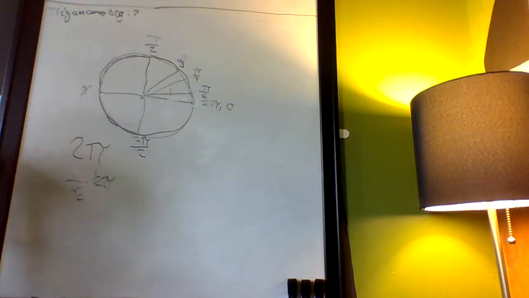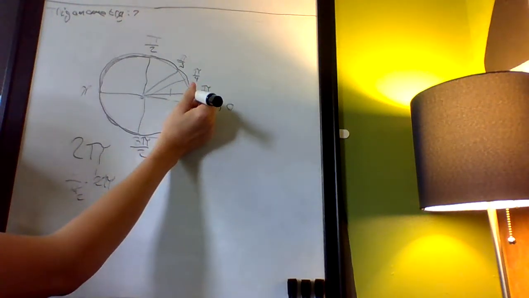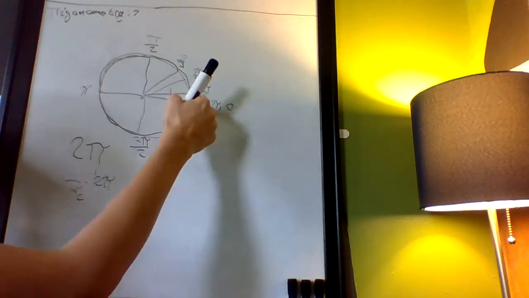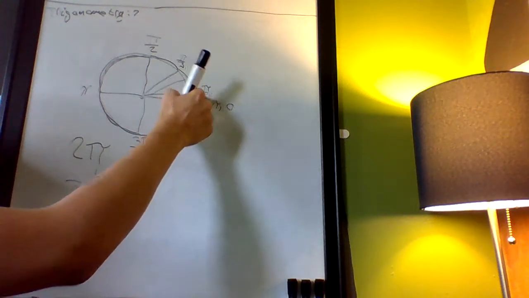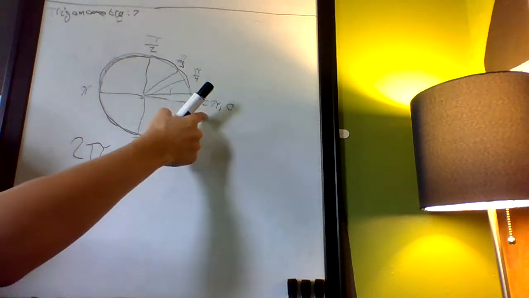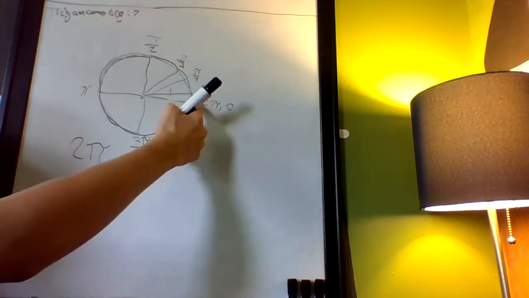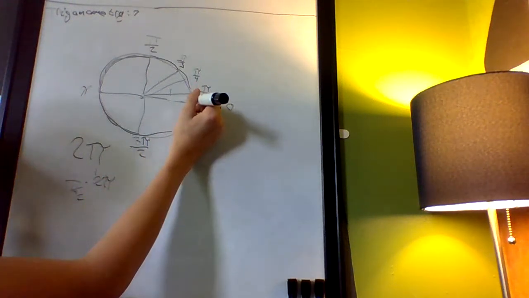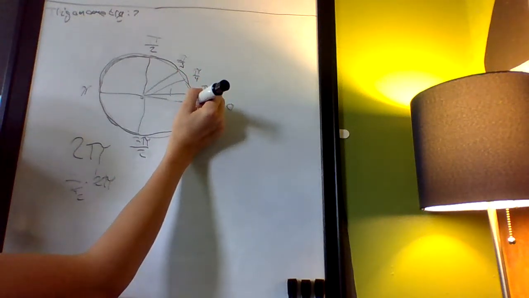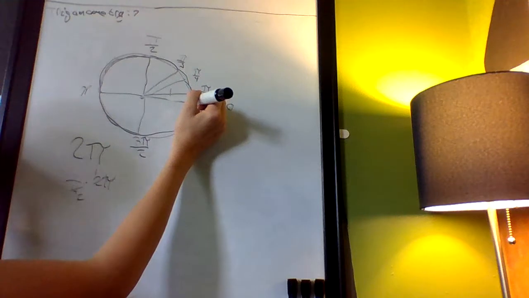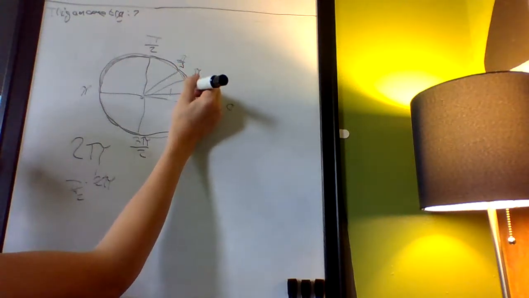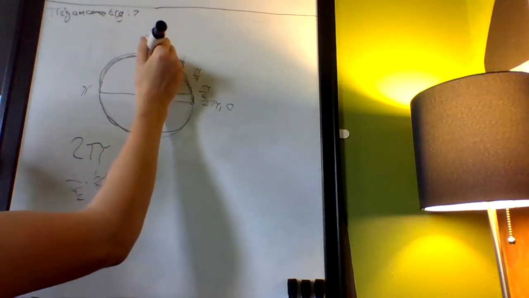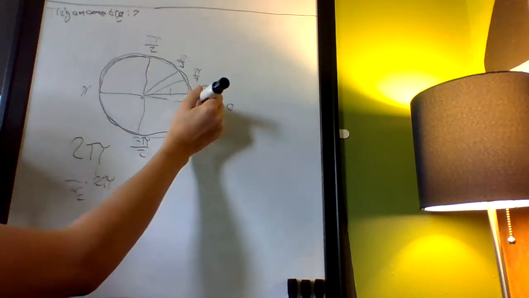It's all based on the arc from this starting point to that point. If you go all the way around the circle, it would be 2 pi. If you stay there, you've basically traveled 0. Here, you've traveled pi on 6, here pi on 4, here pi on 3, and here pi on 2.